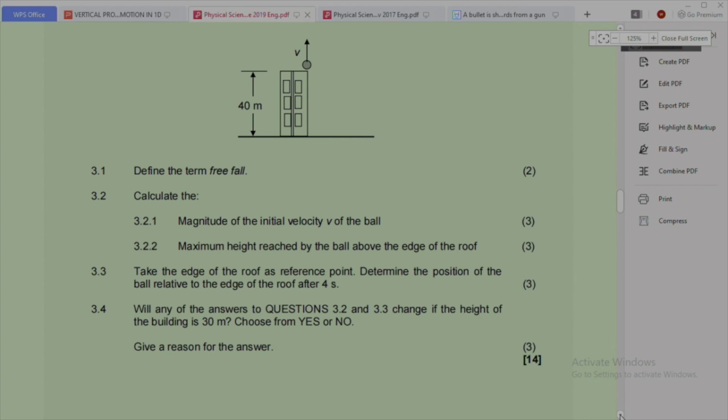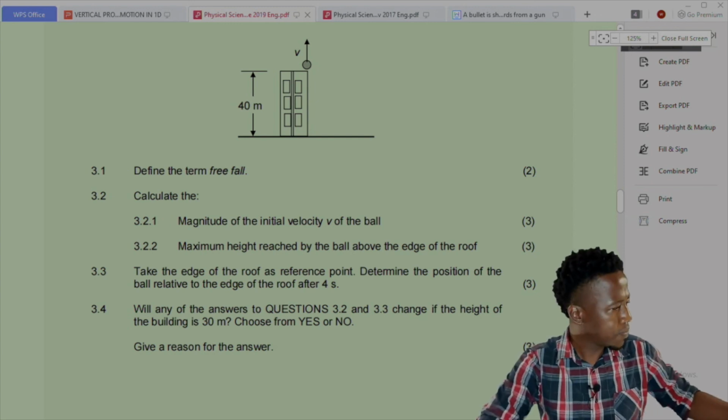Now what did we calculate in 3.2? In 3.2 we calculated the height and the velocity, and in 3.3 we calculated again the height or the position. Now they say you decrease the height, right?